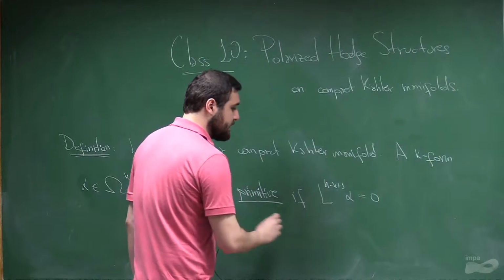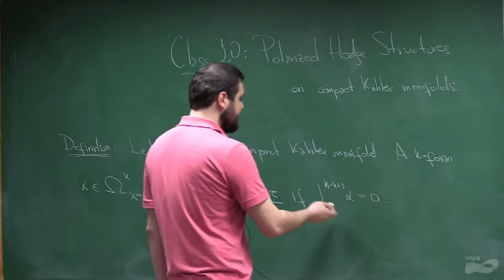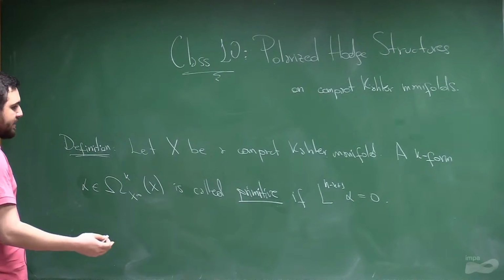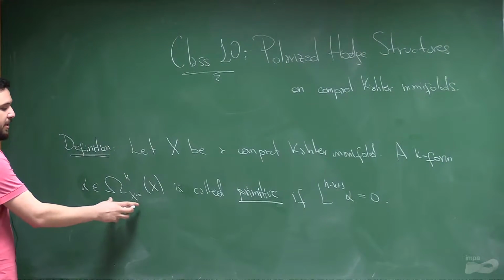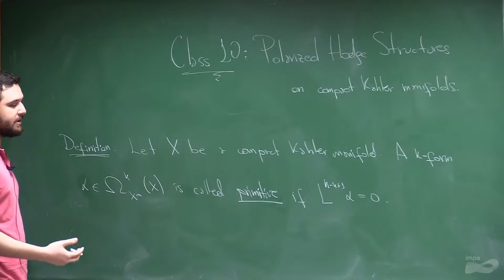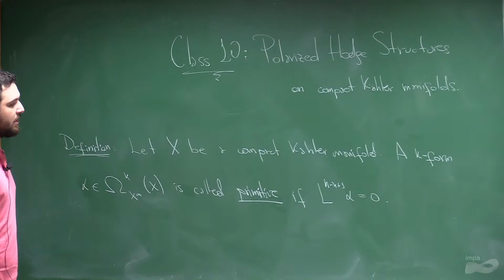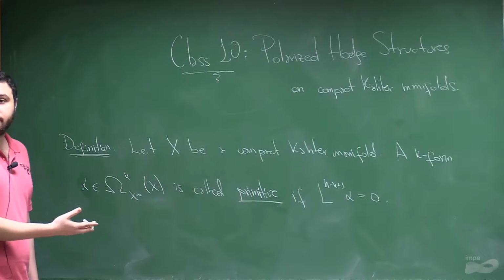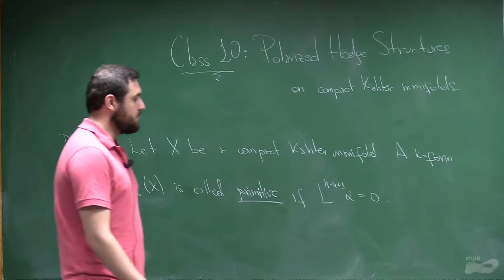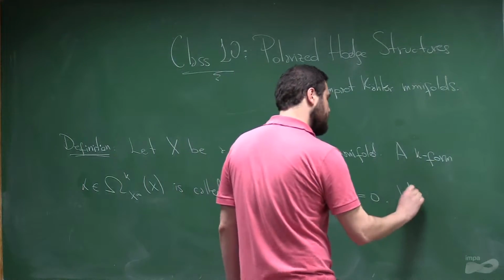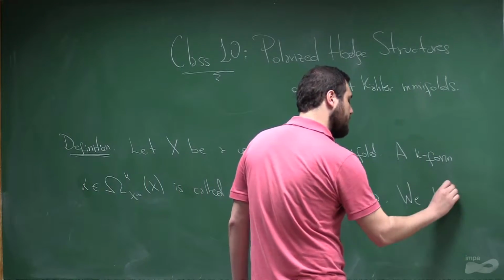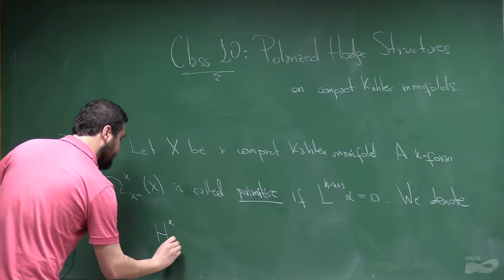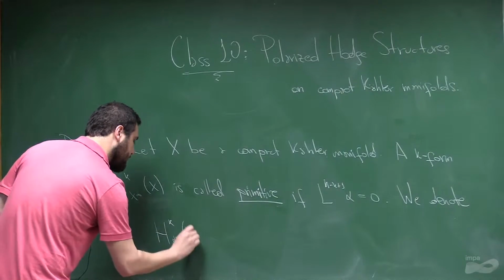Okay, so this is the definition. When you restrict yourself to harmonic forms, you will get the dual definition of a primitive homology class, but now in de Rham cohomology. So we denote like this the space of primitive de Rham cohomology classes.